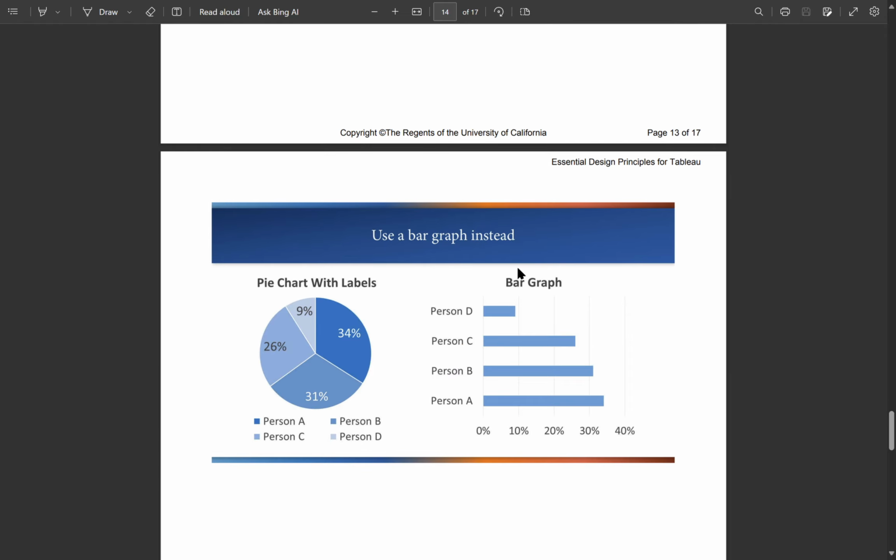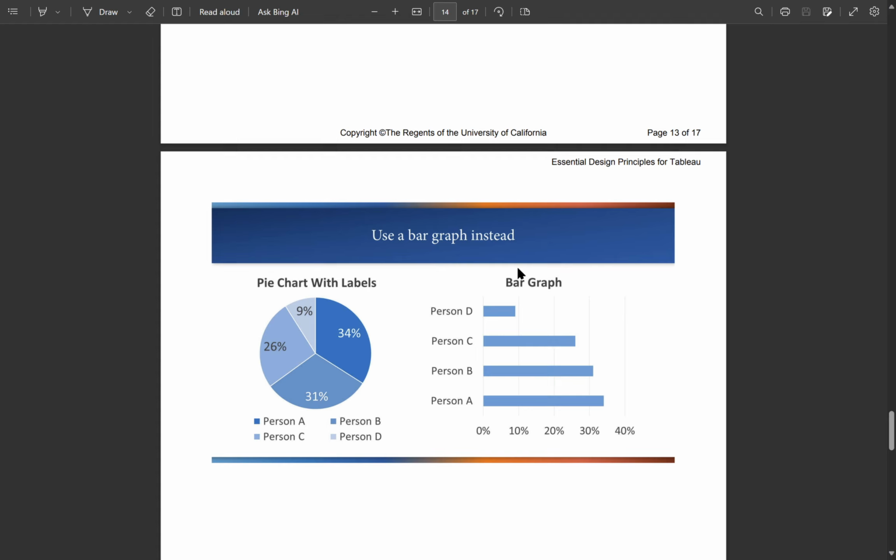In this slide, the pie chart on the left-hand side shows percentages, but the size of the pie seems to be really the same for 31% and 34%, if we don't have the numbers on the pie itself. But look on the right-hand side.